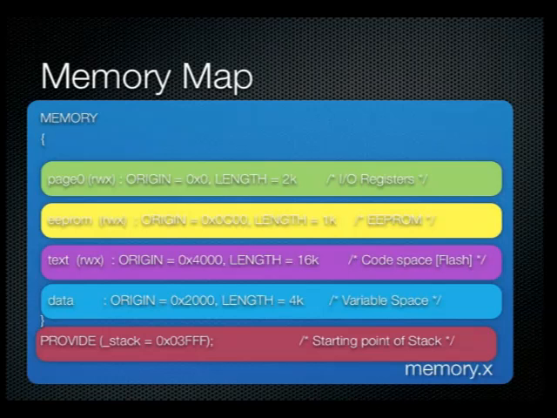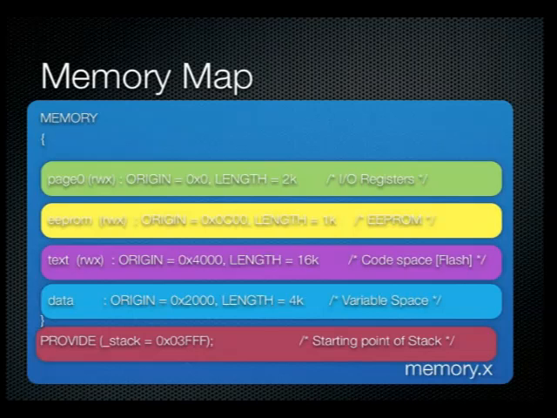Then we need to tell it where it can stick our data, our variables. We have the keyword data to define our RAM or variable space, which begins at 2000 hex and is 4K in length. So these components clearly describe the various components of our memory map to the compiler.